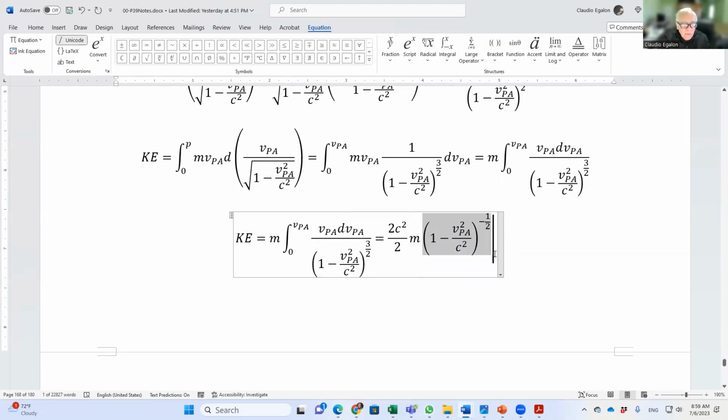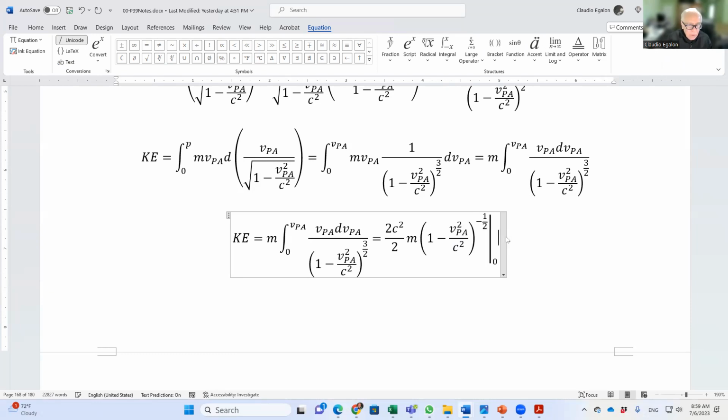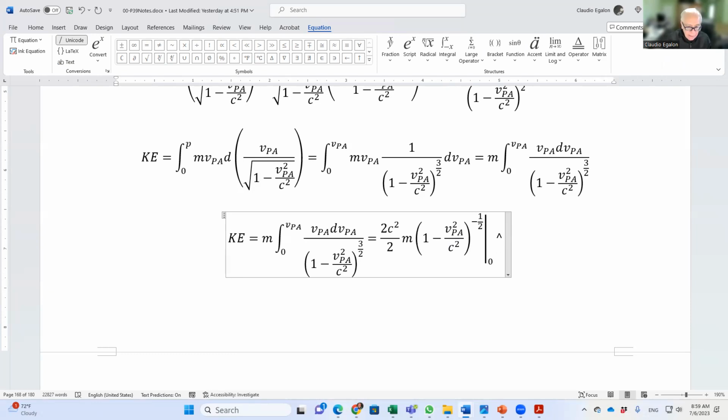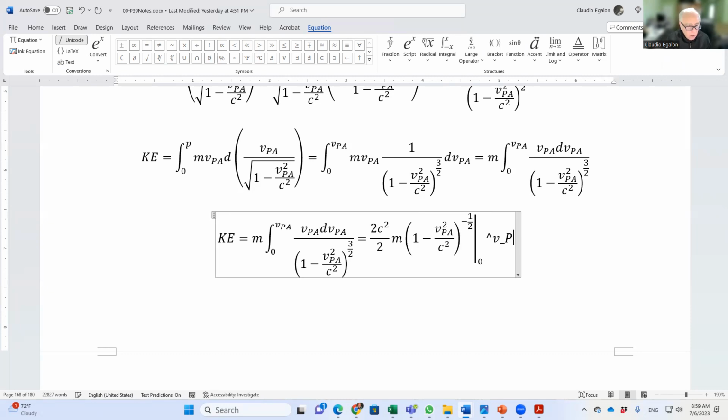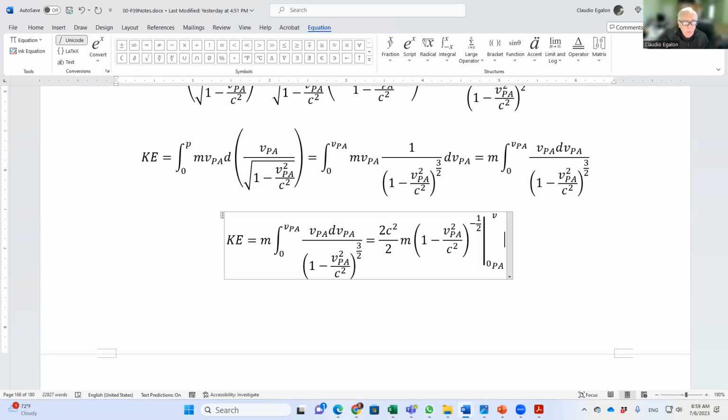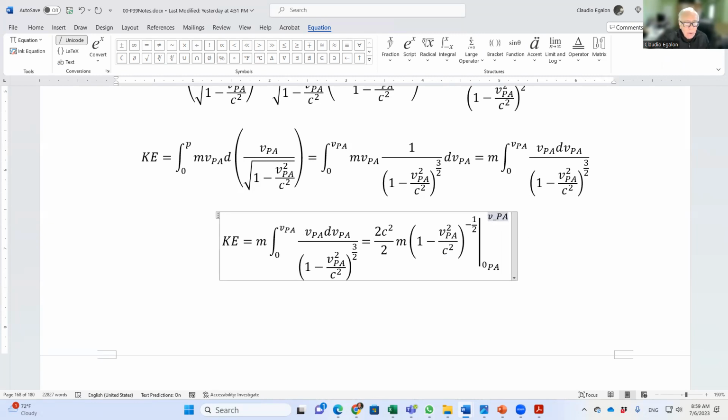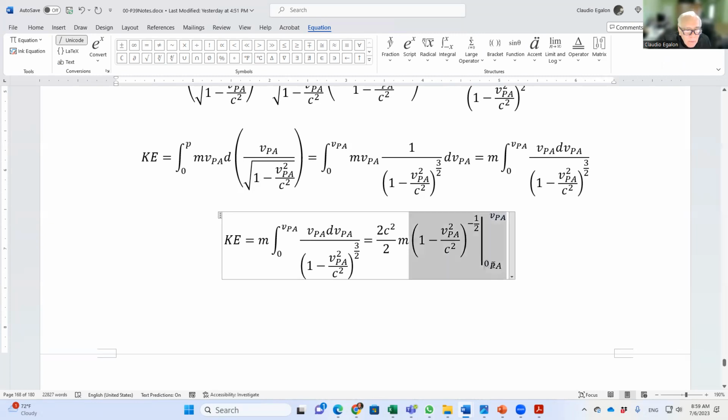I'm gonna put 0 and then the final velocity of the particle with respect to differential A.